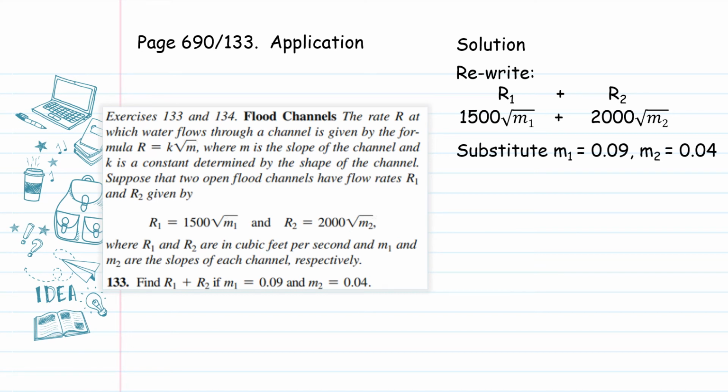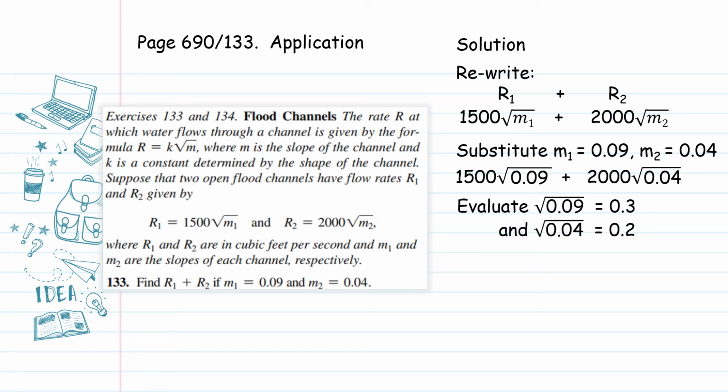Let's substitute the values that they gave us. M1 equals 0.09 and M2 is 0.04 in the equation to arrive at 1,500 times the square root of 0.09 plus 2,000 times the square root of M2. And we know that we evaluate the square root of 0.09 to get 0.3 and the square root of 0.04 as 0.2.